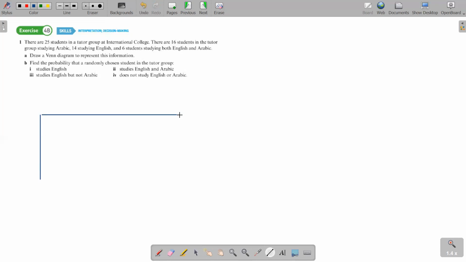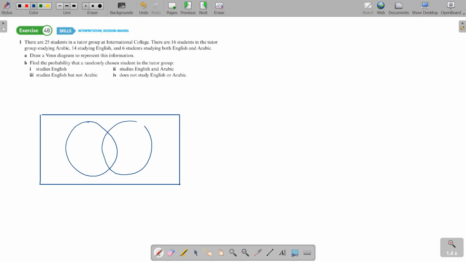Okay, so let's draw a Venn diagram. Okay, you can see I have drawn it in a better way now.